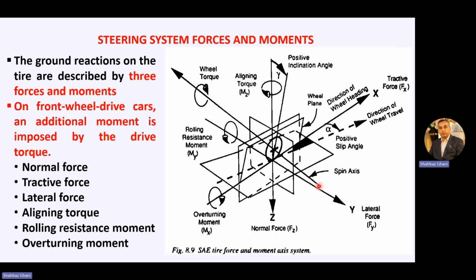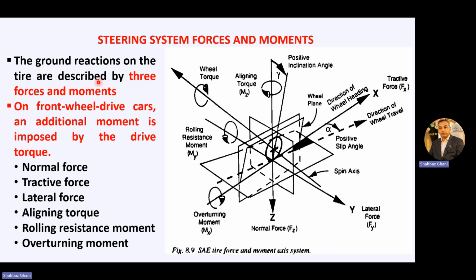Now in the y direction, we have the lateral force Fy, and we have the rolling resistance moment My. The wheel torque is there, and overturning moment Mx. In the vertical direction, we have the normal force Fz, and gamma is the positive inclination angle, and the aligning torque Mz. We have studied this when we were studying the tires.